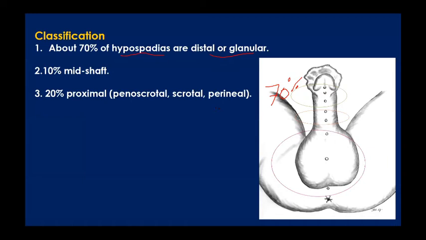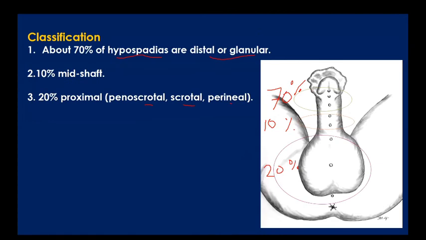About 10% are in the middle of the shaft, and about 20% are penoscrotal or scrotal. So all these add up to 100%: 70% in the distal part, 20% in the proximal part, and 10% in the shaft.